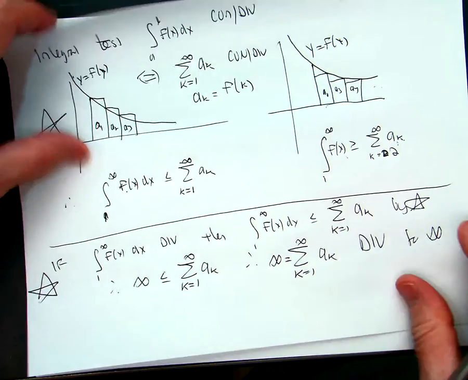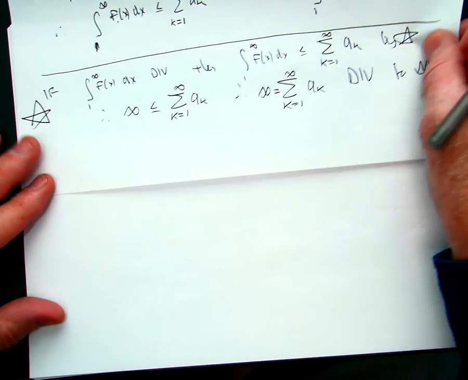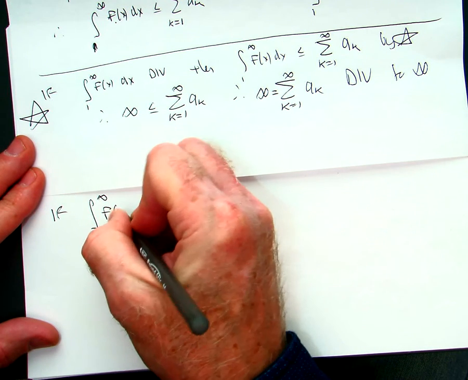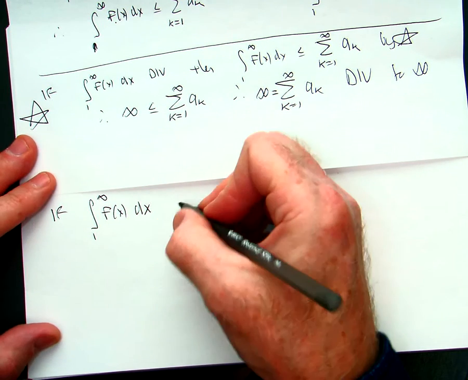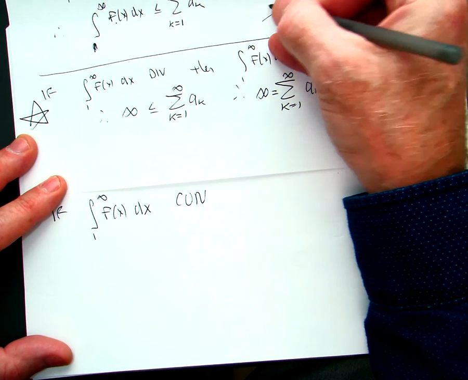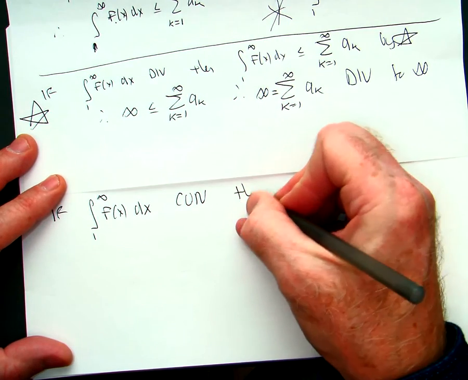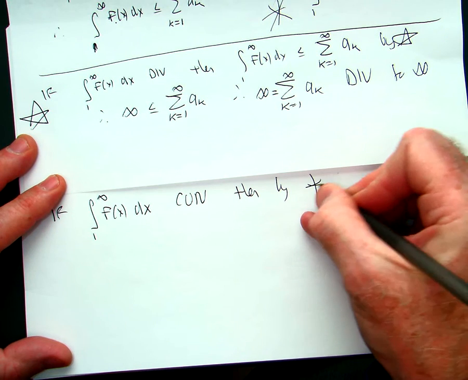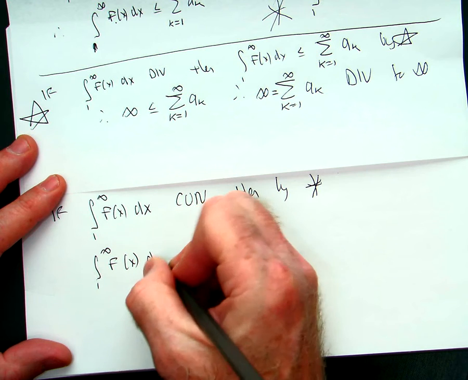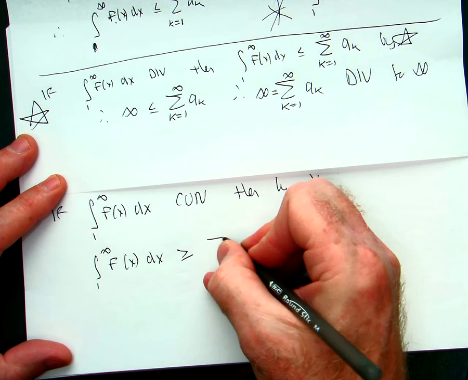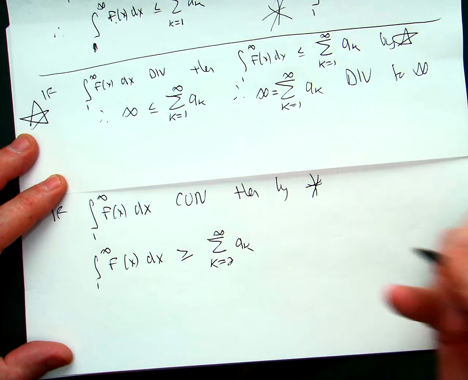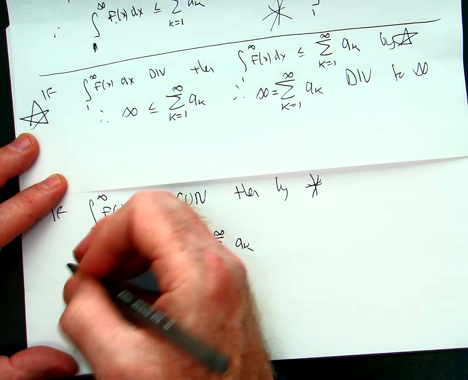Now we'll do this part over here. I'm going to do it down here again. So if my integral converges, this is going to be asterisk. Then by asterisk, this integral of f of x is going to be greater than the series starting at 2. So, well, that means that this is less than infinity.